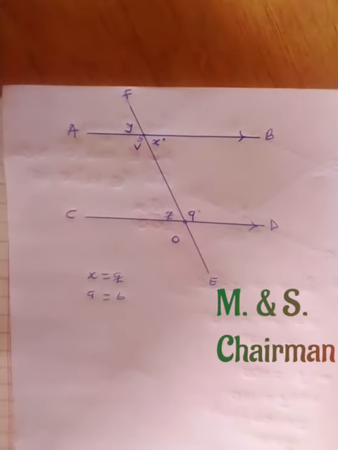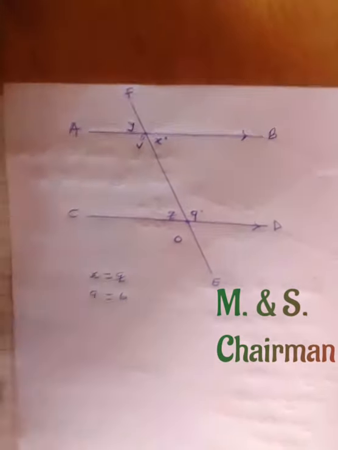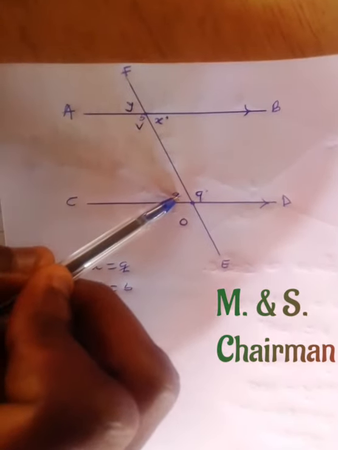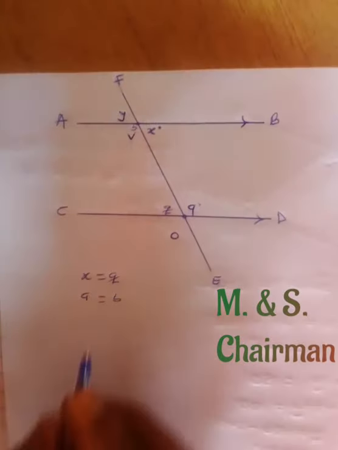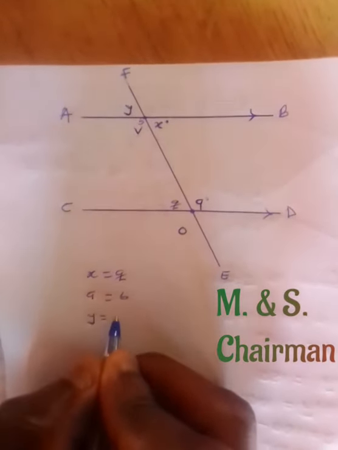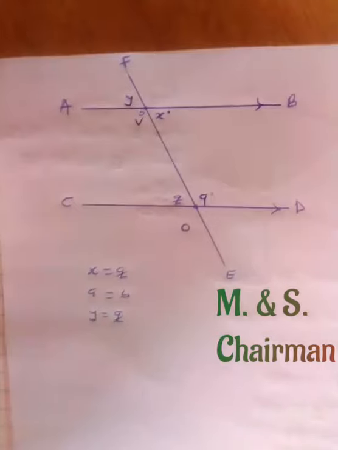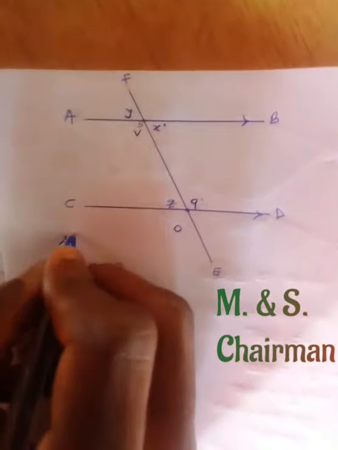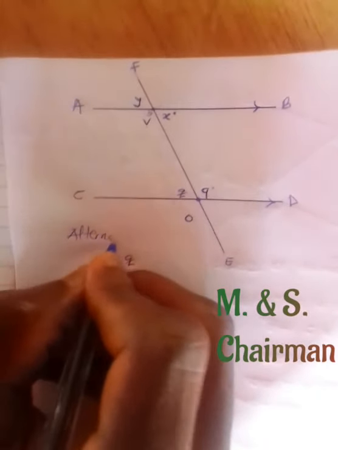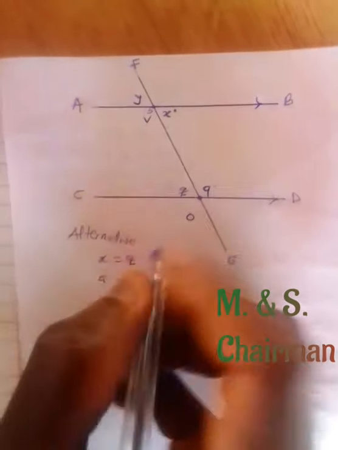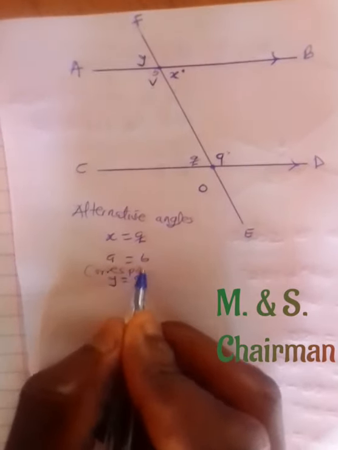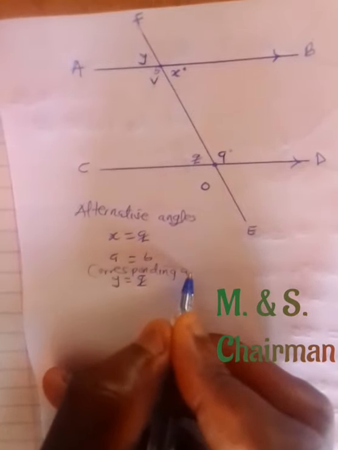When we talk of corresponding angles, the Y here corresponds to this Q, and they are equal. So you can say your Y is equal to Q. These are alternate angles and corresponding angles.